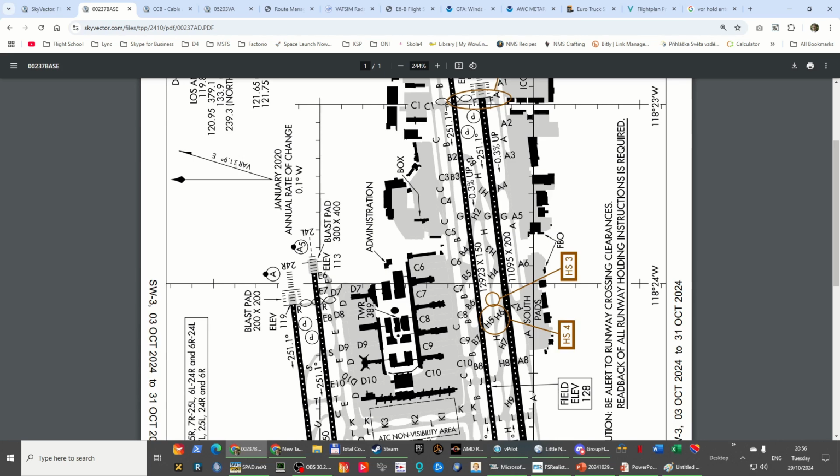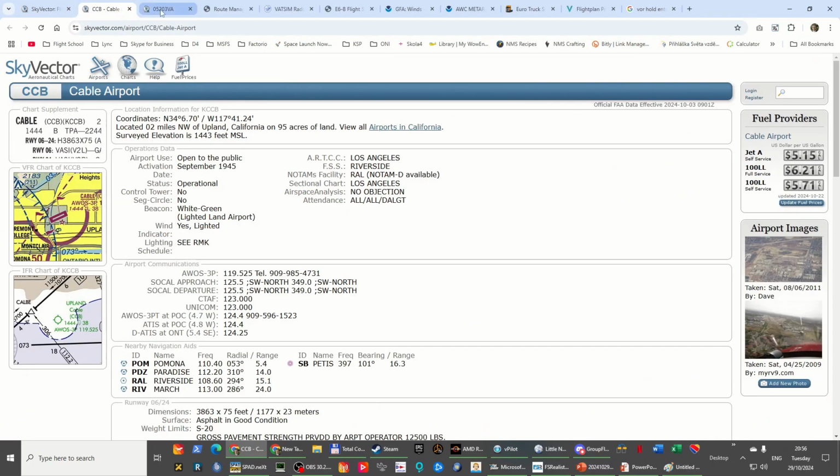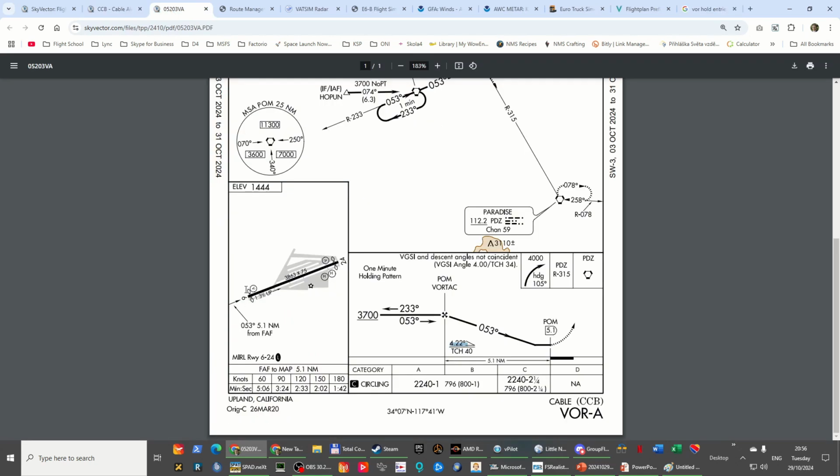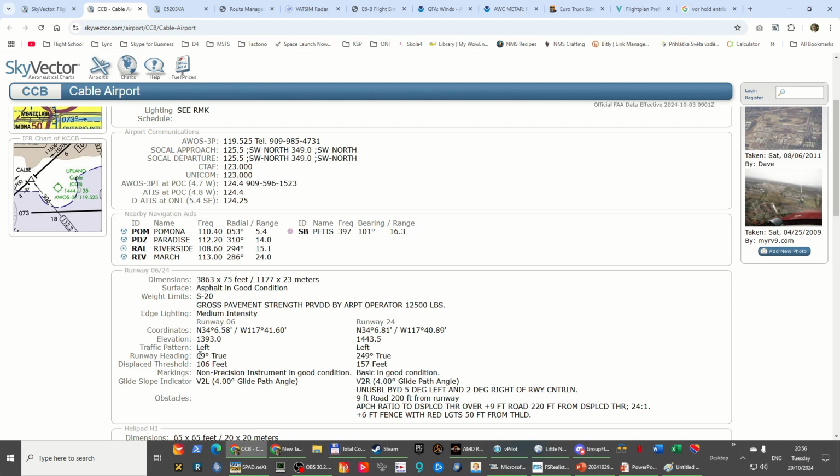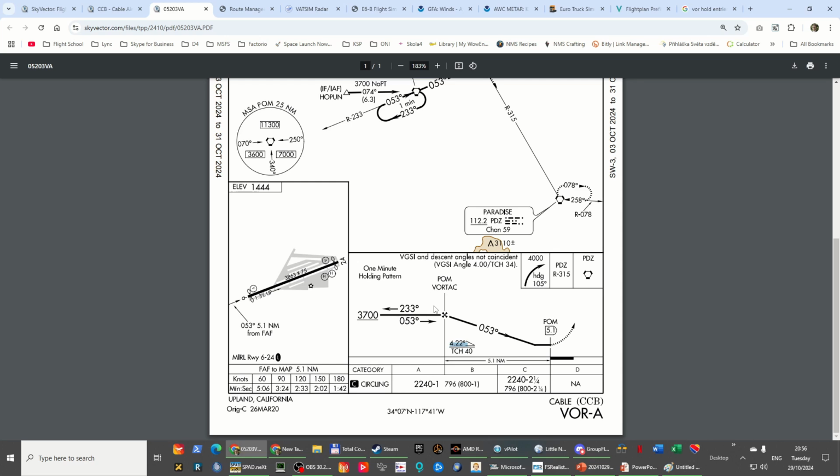We have 12 degrees to the east. So that means 69 minus 12, it's around 57. So runway heading is 57 magnetic, and this is 53, right? It's more than 3 degrees, so they cannot have straight-in minima, I guess.